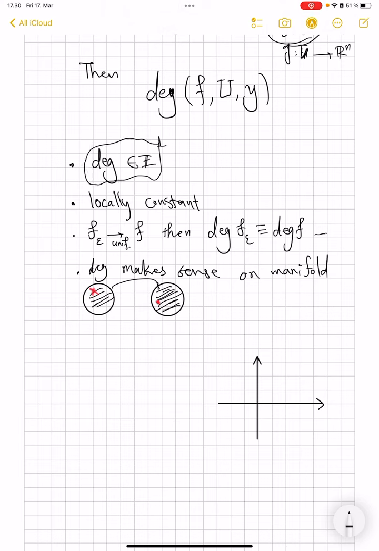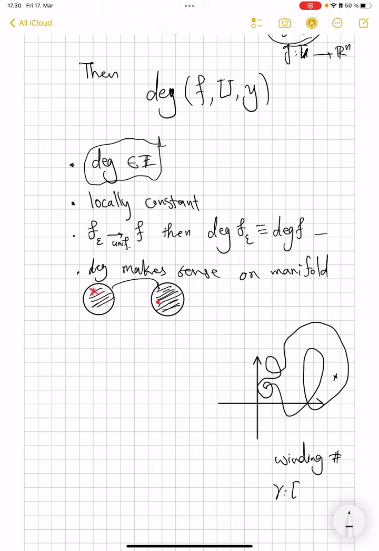So back to where you've seen this degree before. In complex analysis, for example, you take a curve and then you talk about its winding number around a point. This is actually degree. So for the winding number, you have a curve gamma from say [0, 1] into your space, R2 in this case.